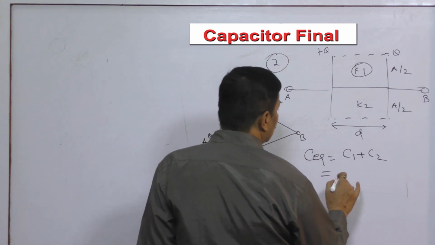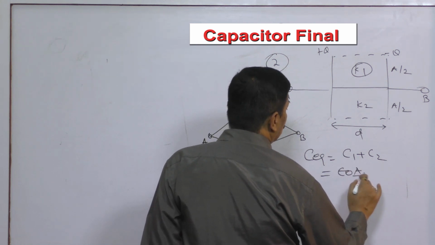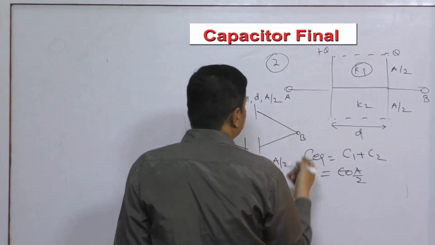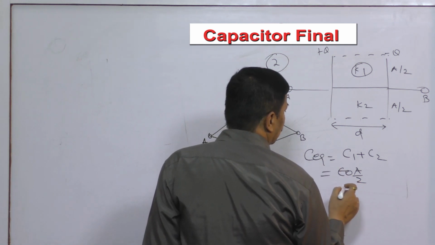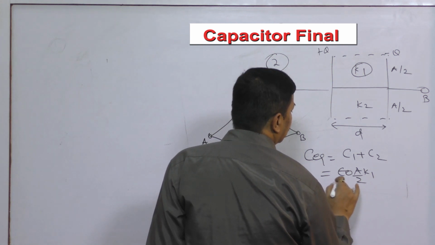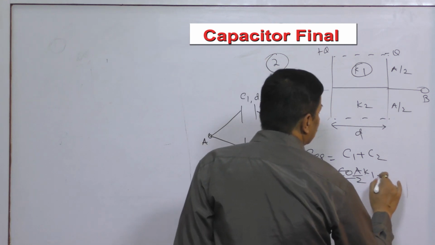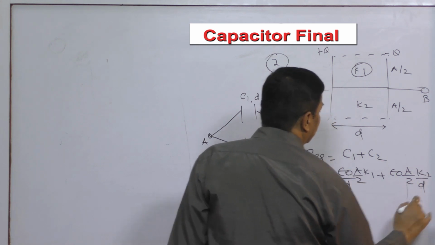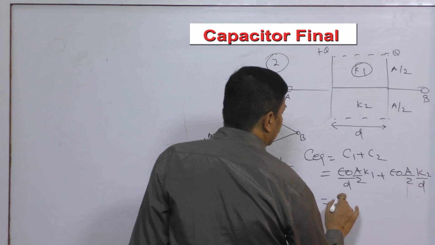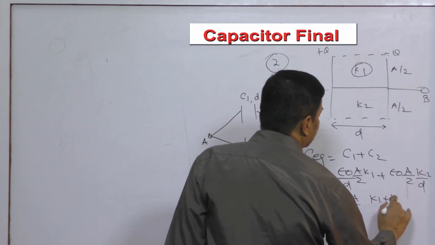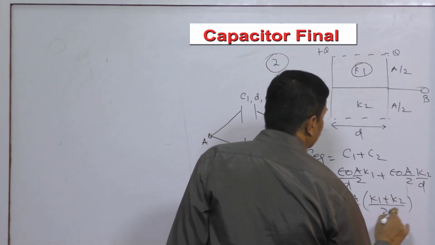C1 is epsilon naught A by 2 K1 by D, plus epsilon naught A by 2 K2 by D. Why A by 2? Because the area has become half. So we are getting epsilon naught A by D times K1 plus K2 by 2, and this is your arithmetic mean.